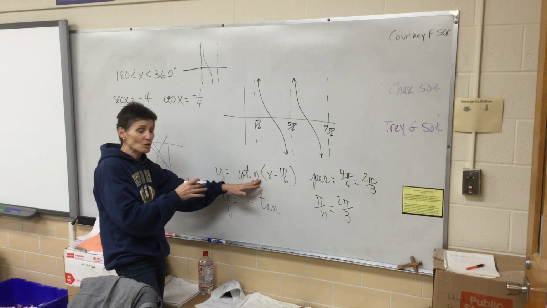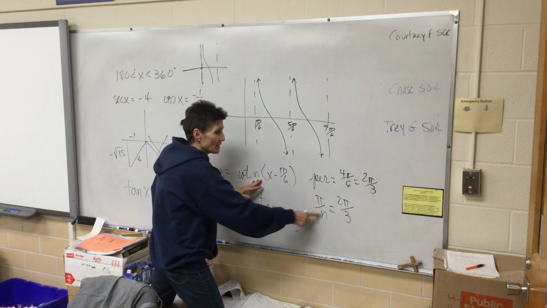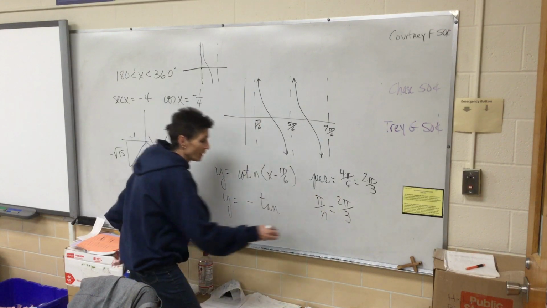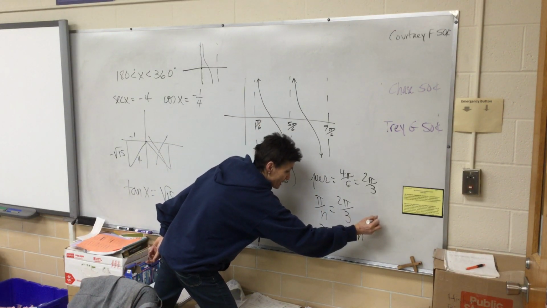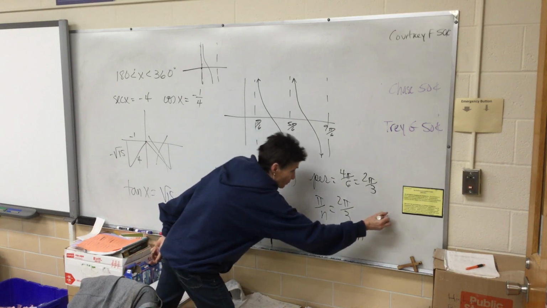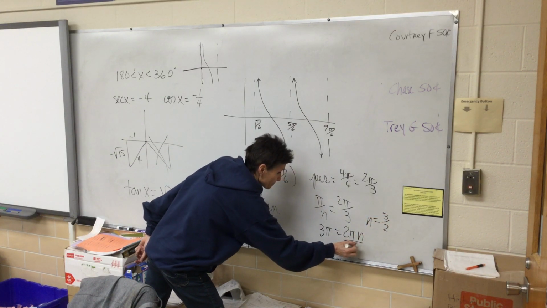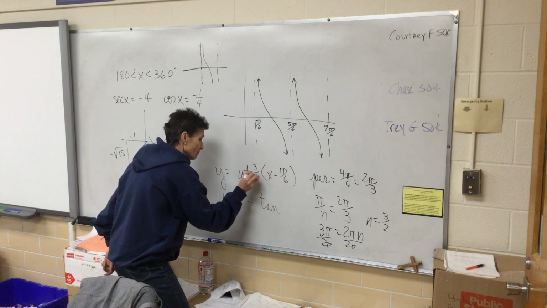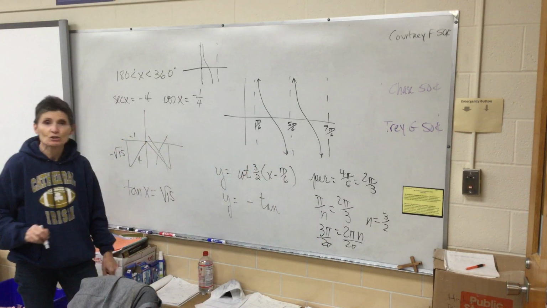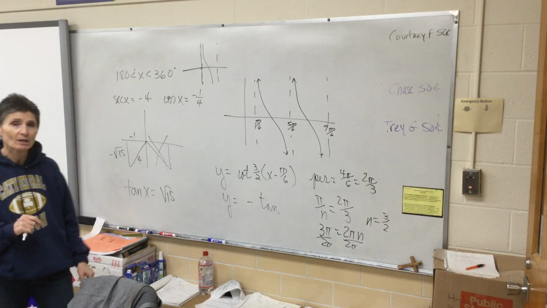Obviously, it's been changed, so pi divided by something gives me my period, which is 2 pi over 3. So solving this, it looks like n equals 3/2. So there is an equation for my cotangent.